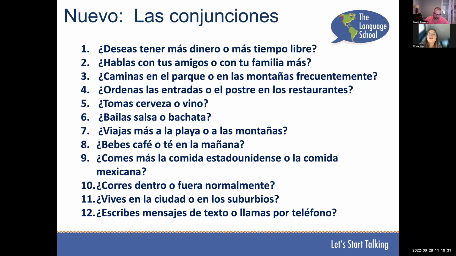Oh, fuera is outside? Yep. Corro fuera normalmente. ¿Vives en la ciudad o en los suburbios? Vivo en los suburbios. ¿Escribes mensajes de texto o llamas por teléfono? Escribo... llamo por teléfono.